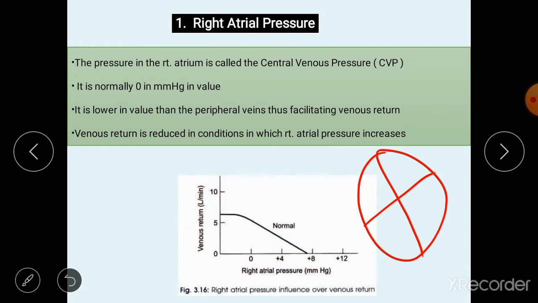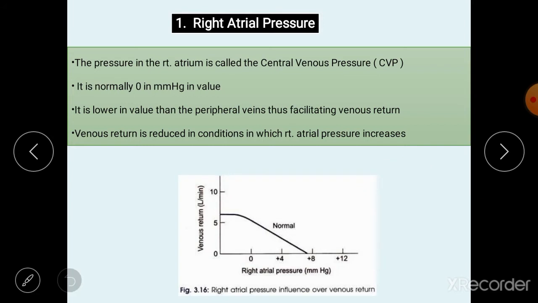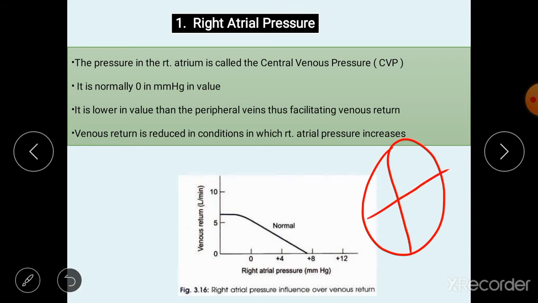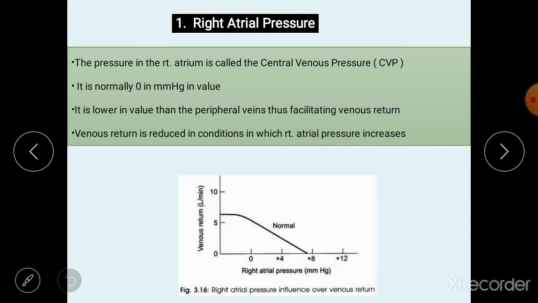So the pressure in the right atrium is 0 millimeter mercury, and this is also known as the central venous pressure. If this pressure is raised from 0 millimeter mercury to higher values, the resistance which is faced by the venous return increases, and the amount of blood which is returning to the right atrium decreases. You can see this in this graph, that when the right atrial pressure is around 0, your venous return is maximum.